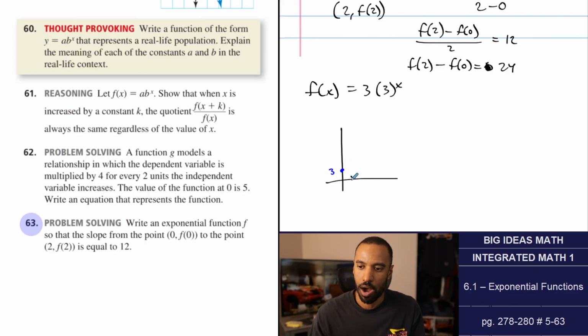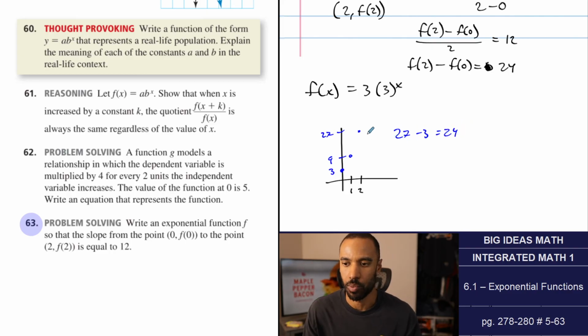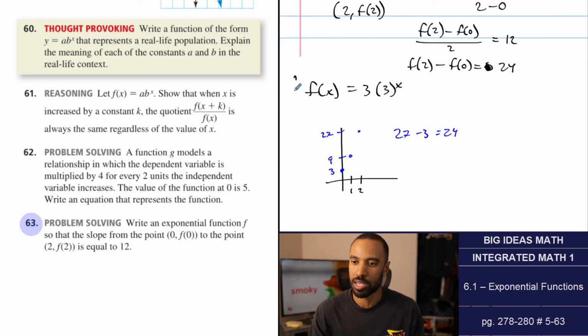When x is 1, we triple that and we get 9. And then when x is 2, we triple that again and we get 27. 27 minus 3 is 24. So that difference is 24. That's a slope of 12 in between those two points. That's what we're looking for. So f of x equals 3 times 3 to the x would work.